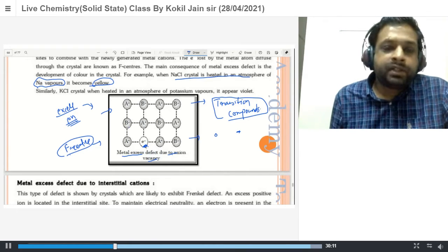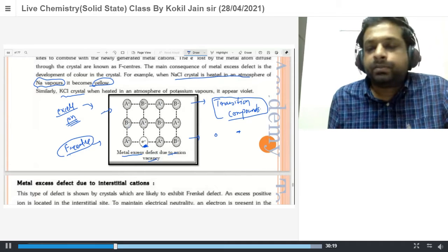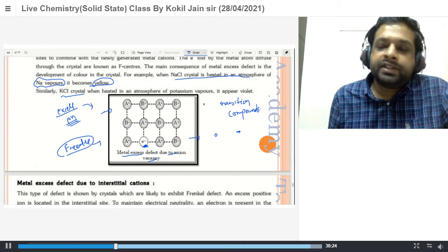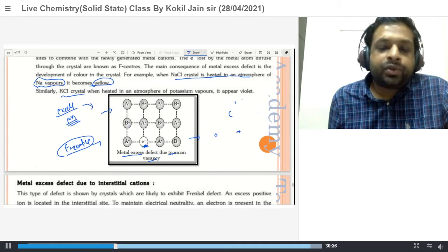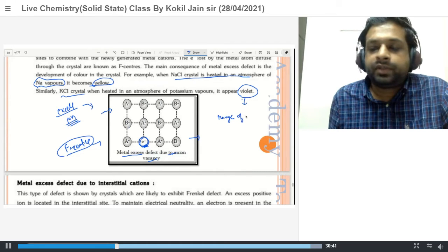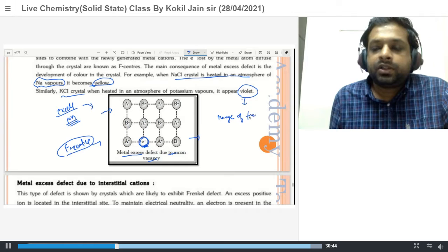But in the case of KCl also, such kind of defect is found. When KCl is heated, the anion is absent, and an electron replaces that anion, so KCl shows a violet color. Now, this color is due to the range of frequency or wavelength, whatever we are going to see.